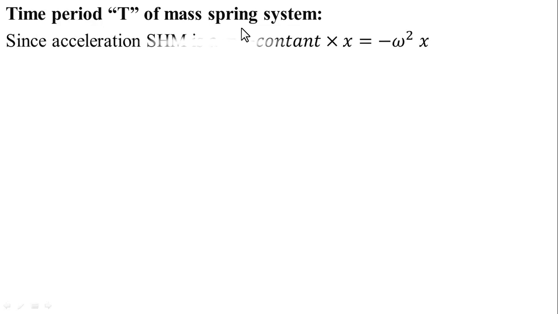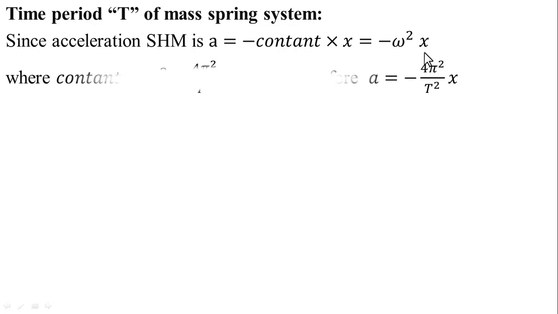Since acceleration in simple harmonic motion a is equal to minus a constant multiplied by x, we use the constant omega square. Then acceleration a is equal to minus omega square multiplied by x.